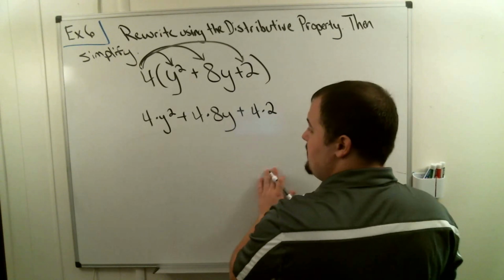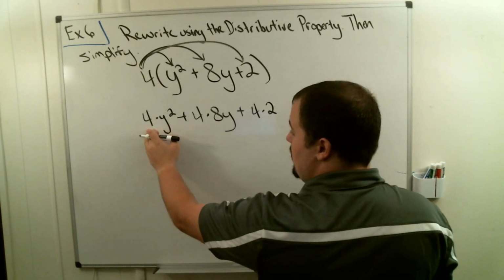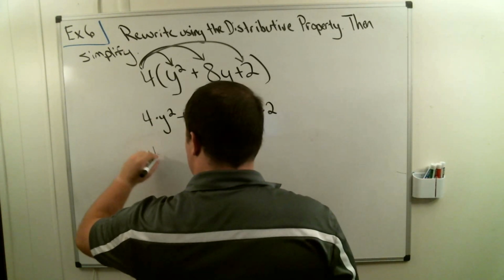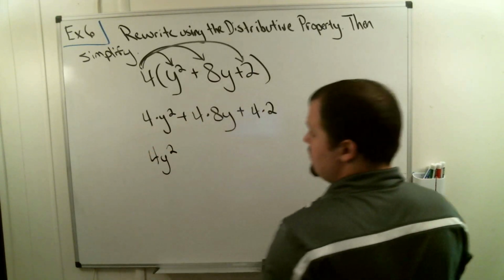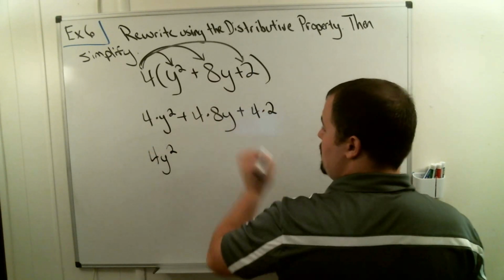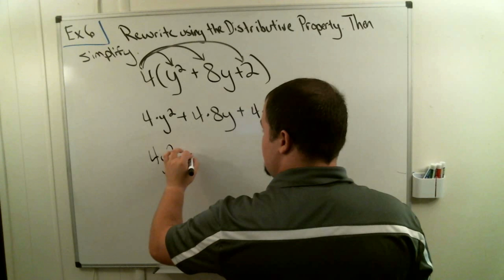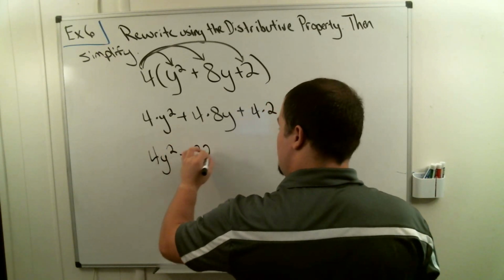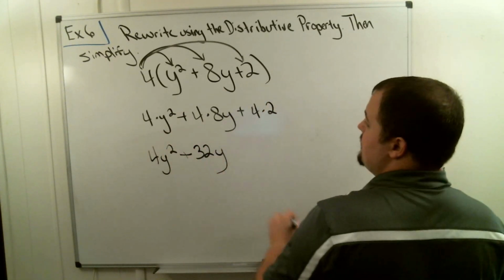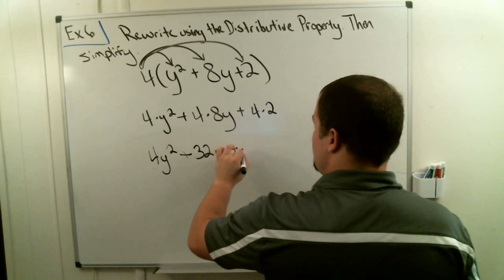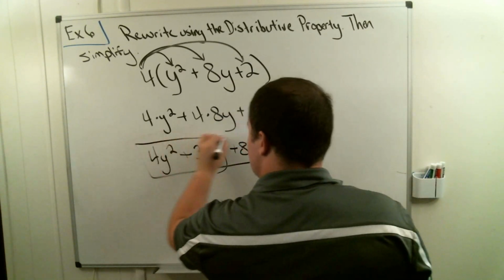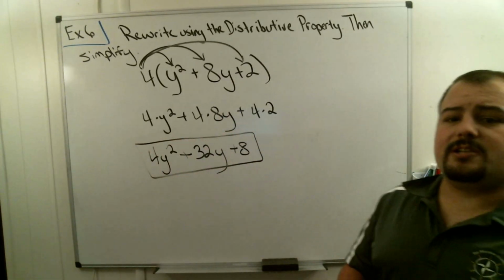Now we're actually going to see how that works. If I have y squared 4 times, I have 4 y squareds. If I have 4 times 8y, well, 4 times 8 is 32 y's, and 4 times 2 gives me 8. So in this problem, we just simplified the problem.